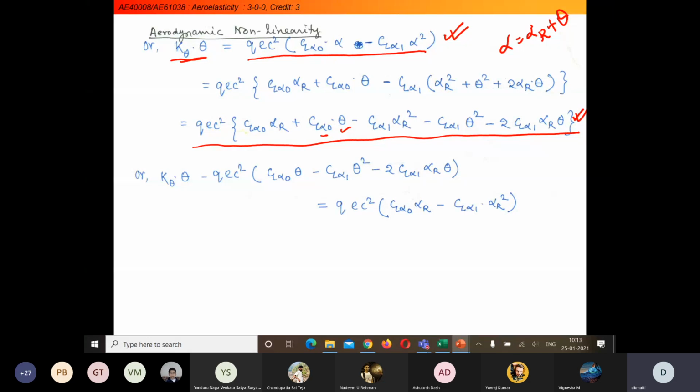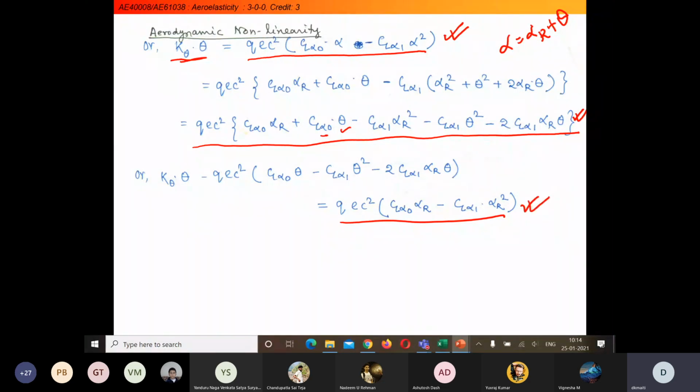So we get k theta into theta minus q e c square Cl alpha naught into theta minus Cl alpha 1 into theta square minus 2 Cl alpha 1 alpha r into theta. And the right hand side becomes q e c square Cl alpha naught into alpha r minus Cl alpha 1 into alpha r whole square.